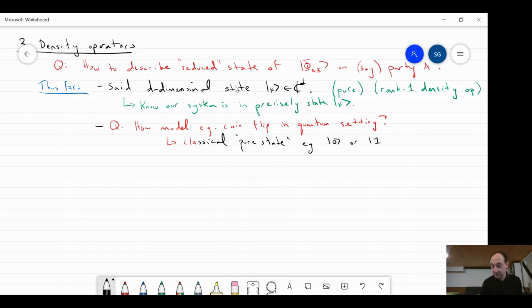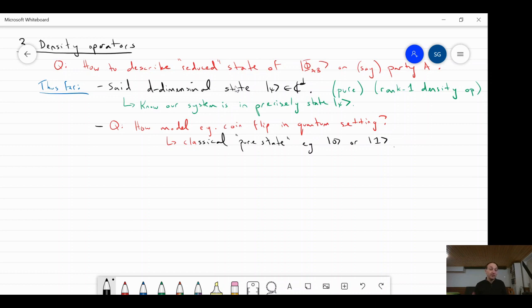So ket 0 is a pure state, ket 1 is a pure state, and those mean that your coin, for example, is heads or tails. There's no randomness involved here. You're just telling me the state of the coin. But now I want to have this idea that I'm going to flip a coin, and with probability half, I'm going to get heads, and with probability half, I'm going to get tails.